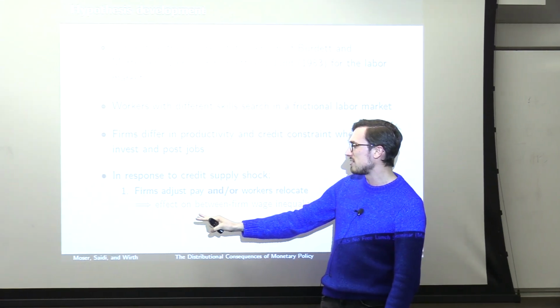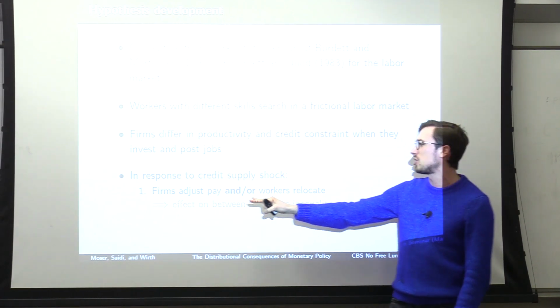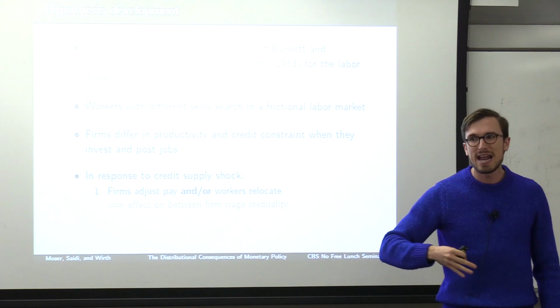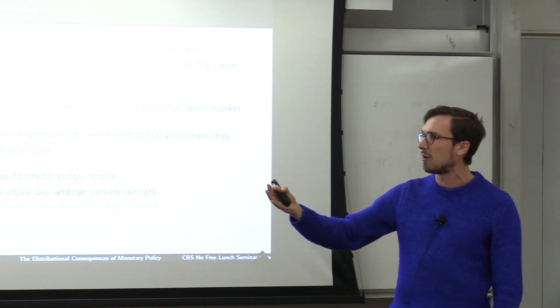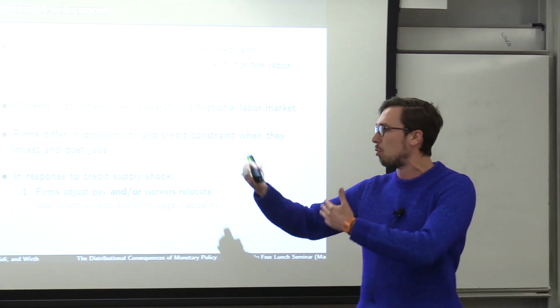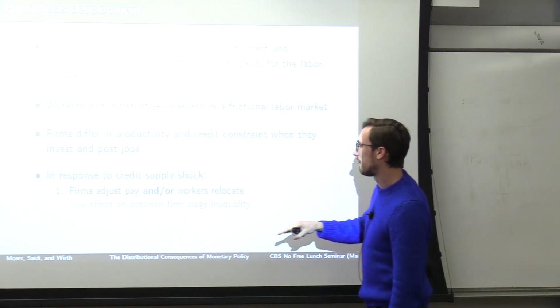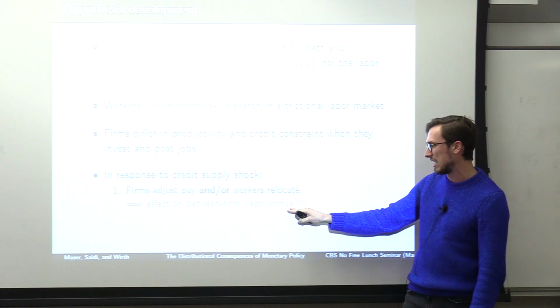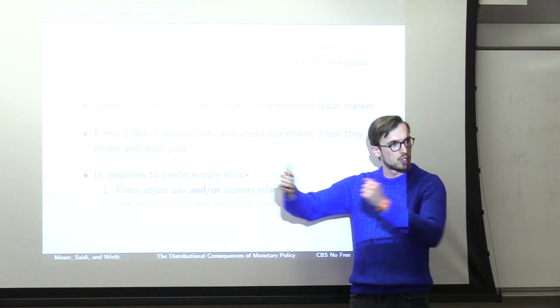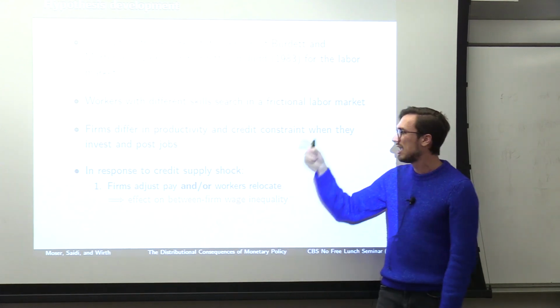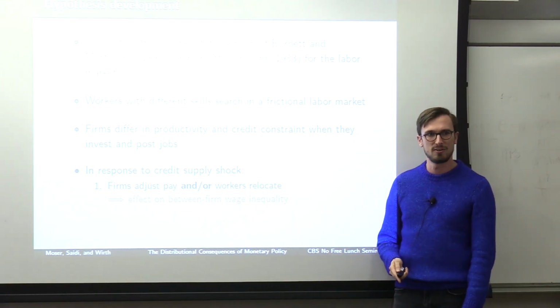Well, the first point is that firms may adjust how much they pay their workers, or different workers may now gravitate towards different firms that now happen to have maybe more credit in order to hire these workers. So that will lead to a firm level effect on inequality that should show up as between firm differences arising in response to this credit supply shock.